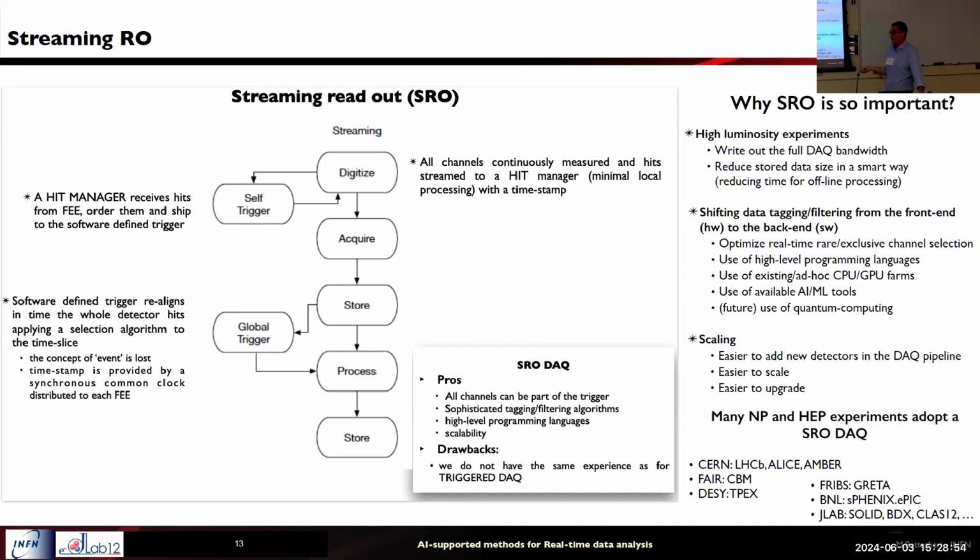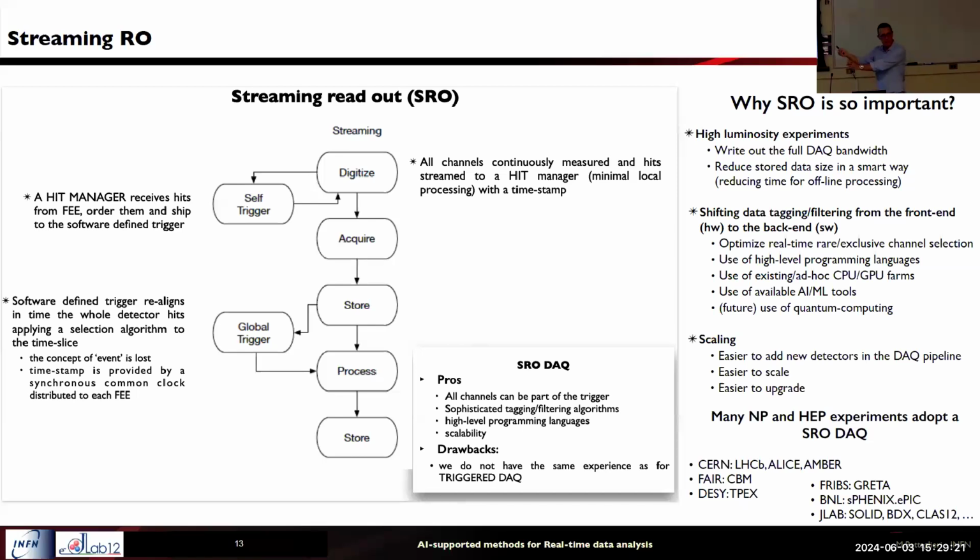On the other hand, experiments like the LHC experiments, now ALICE is running the TPC in streaming mode. So they are really getting all the information and processing it offline, where offline, semi-real time, means that they are reducing the quantity of information to something usable after the data is taken, not at the same time, and they are not selecting upfront what they want.